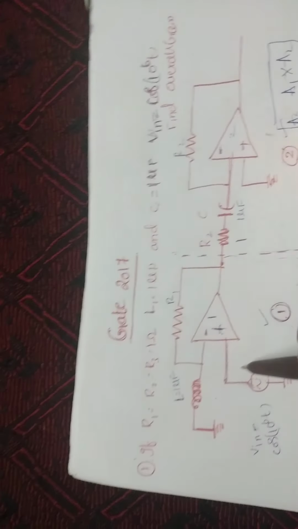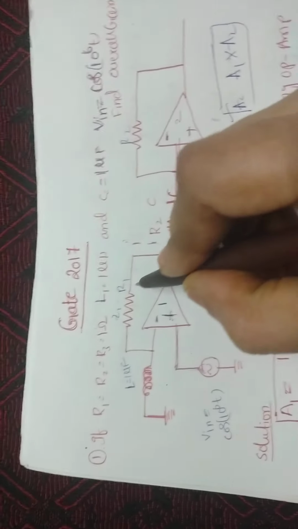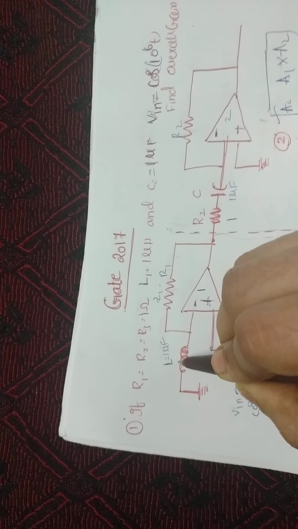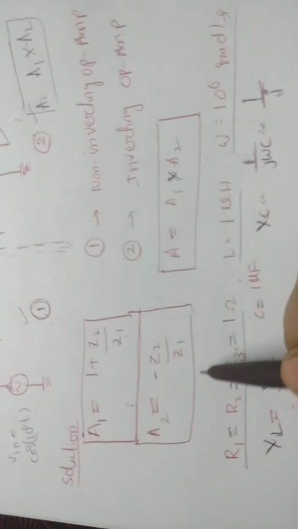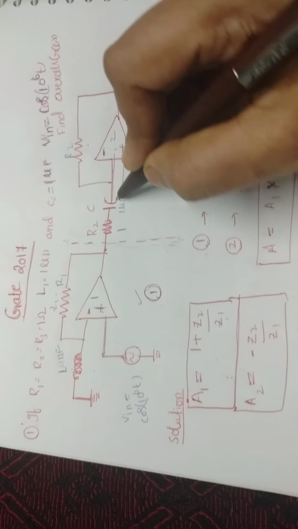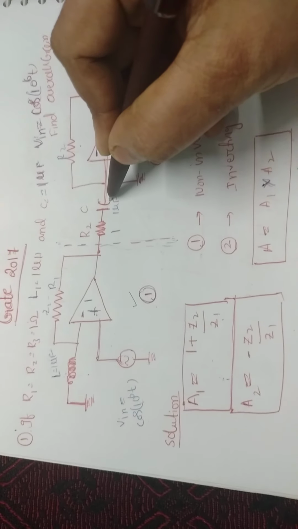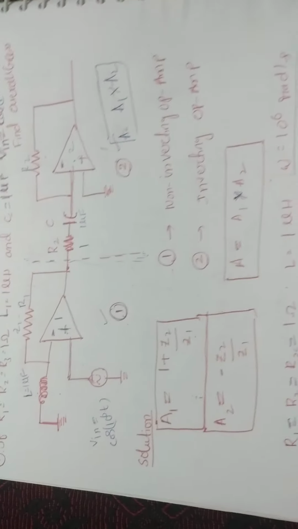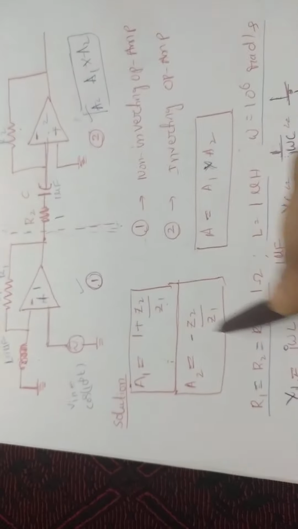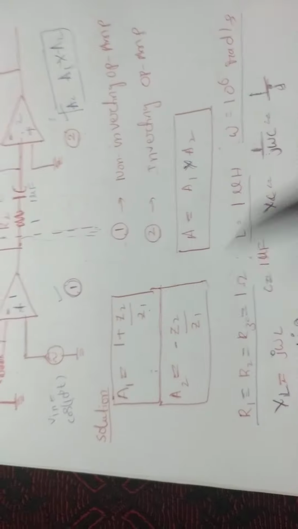Here from the first circuit, Z2 is equal to R2 and Z1 is the inductive reactance j omega L. And A2, the inverting configuration, is minus Z2 by Z1. Here Z2 is R2, the feedback resistance, and Z1 is R1 plus 1 by j omega C. So these are the individual gains of these two circuits.